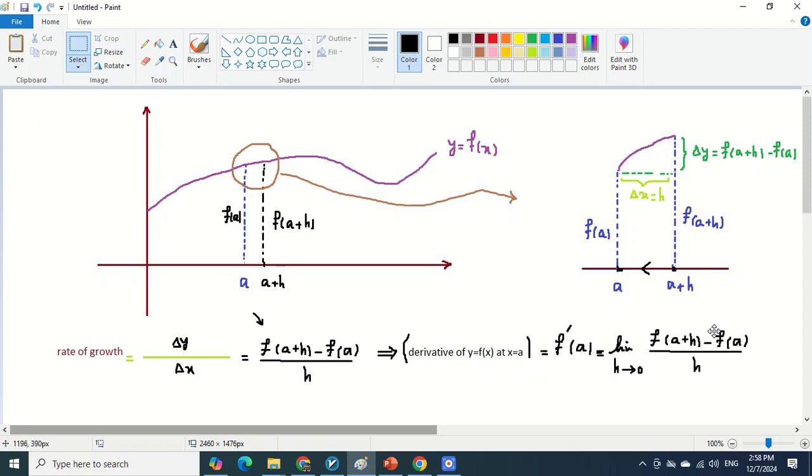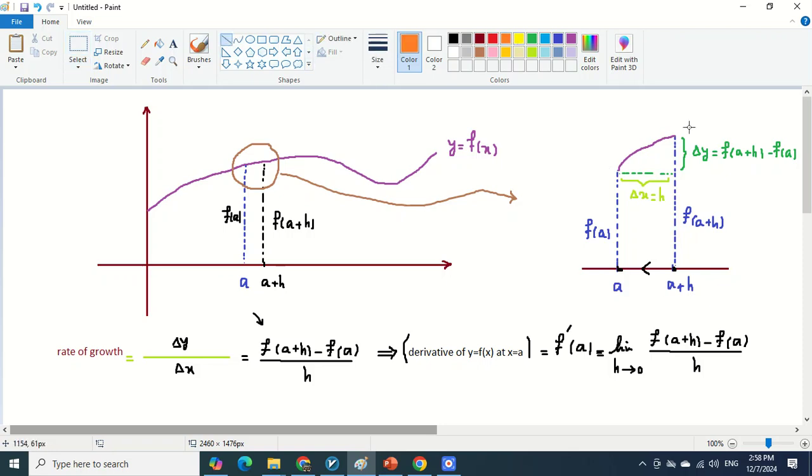So right now we found the value of the derivative at the point A, and in this way we can calculate the derivative, and it determines the instantaneous rate of growth. It determines the changes at the moment. Right now there are a lot of things that we can consider for this.